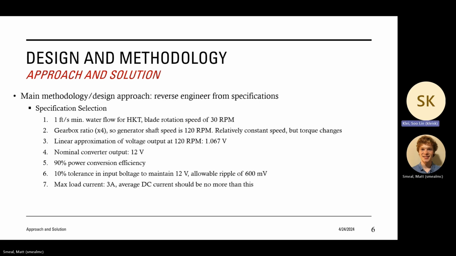Linear approximation of voltage output at 120 RPM is 1.067 volts. Nominal converter output is 12 volts, 90% power conversion efficiency, 10% tolerance in input voltage to maintain 12 volts, allowable ripple of 600 millivolts, and max load current, 300 amps. Average DC current should be no more than this.